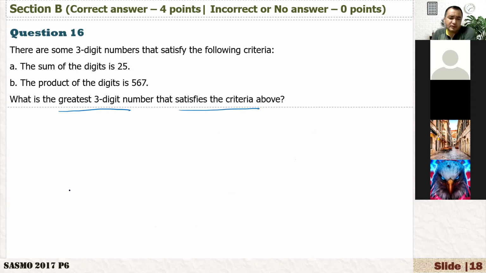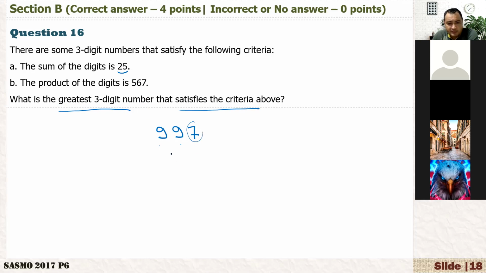Maybe if I give you some time, we can try this. Since it must be the greatest, the first digit must be 9, and the second digit must be 9. Since the sum of the digits is 25, 9 plus 9 is 18. 18 plus what number is 25? So this should be 7. Now let's check it, because if it doesn't work, I will choose another one, writing 6 instead of 7.